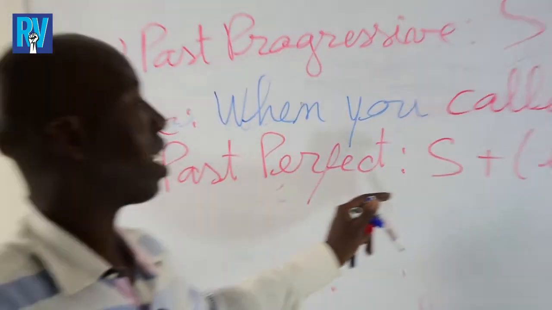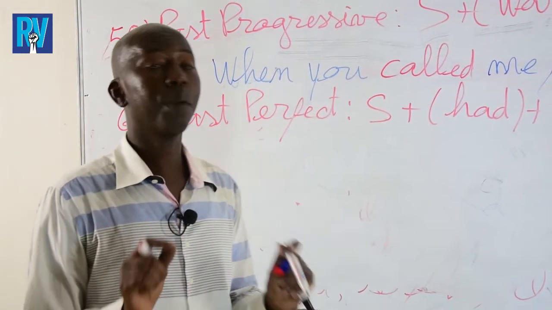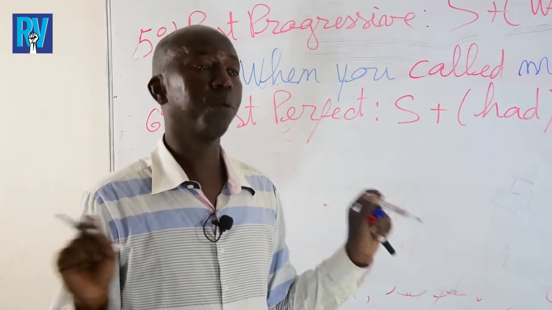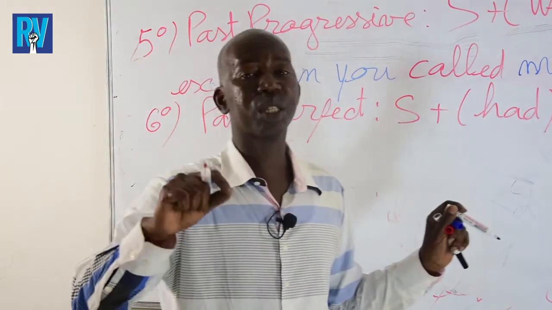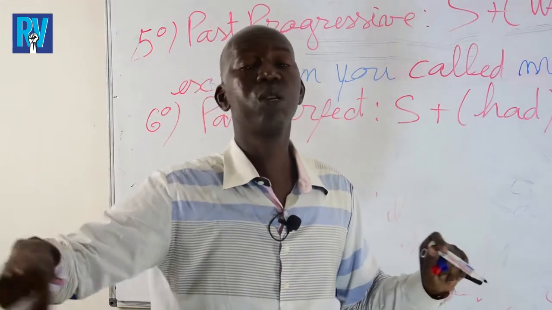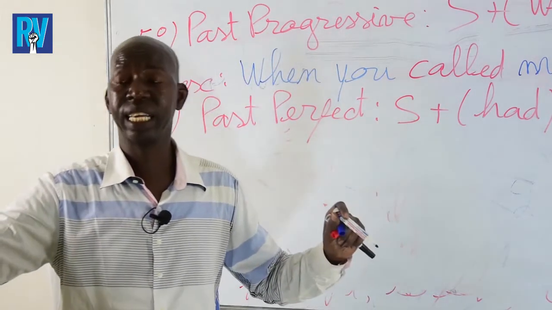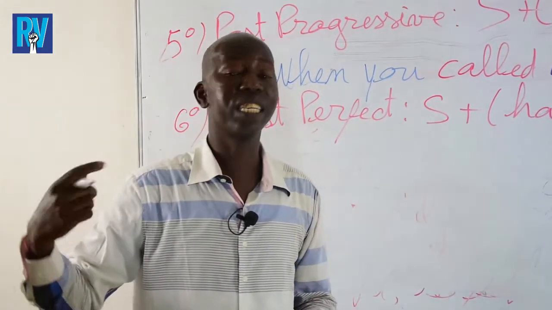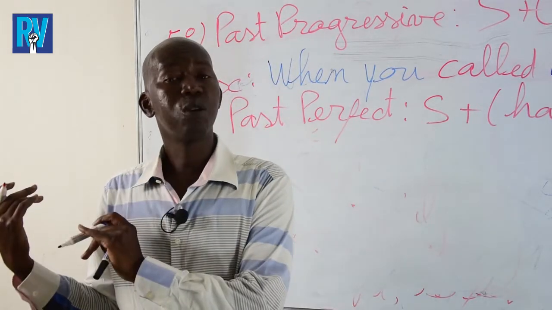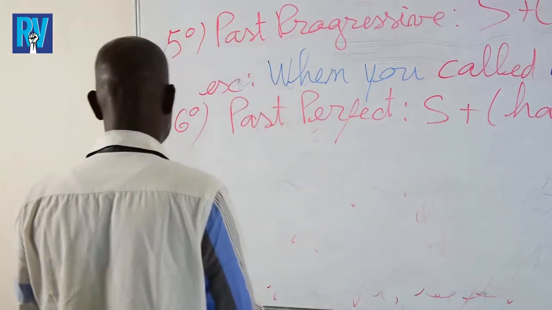Okay, this tense is used in English when we are talking about two past actions, quand on parle de deux actions au passé, and one of the actions is anterior to the other, et que l'une des actions est antérieure à l'autre. Deux actions au passé, mais l'une des actions est antérieure à l'autre. L'action qui est antérieure doit être décalée au past perfect. Hein? Exemple, on va essayer.